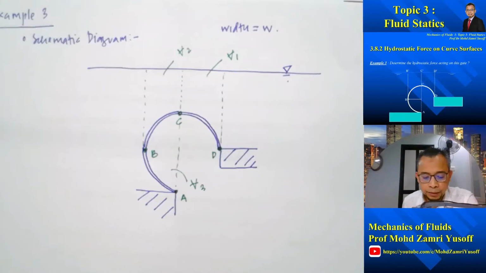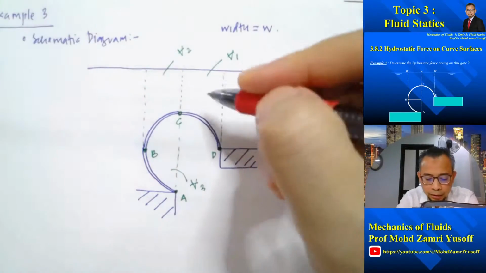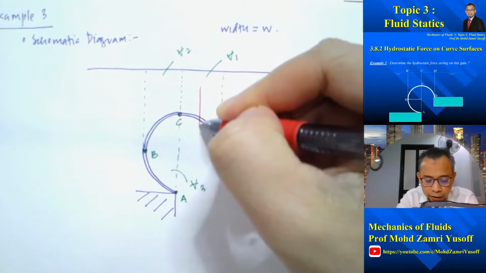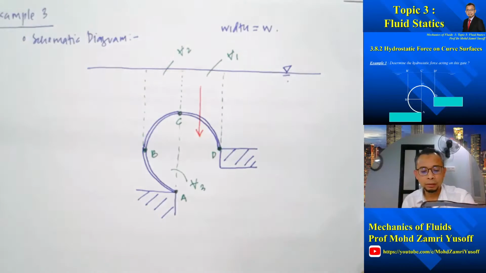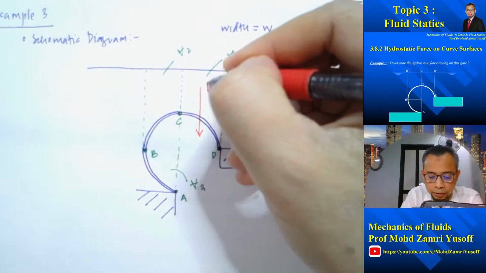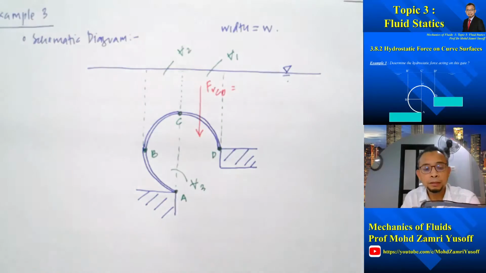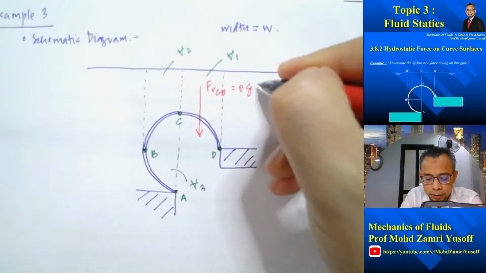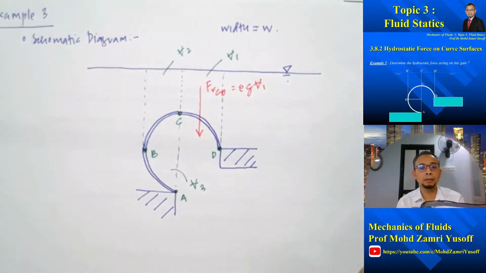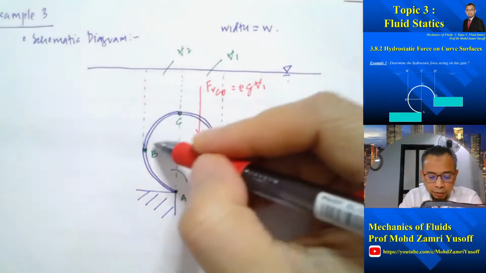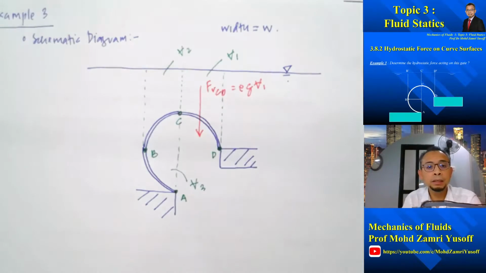On surface CD, the force will be acting downward. So the force here, F vertical CD, is equal to rho g V1, right? What about on surface BC?